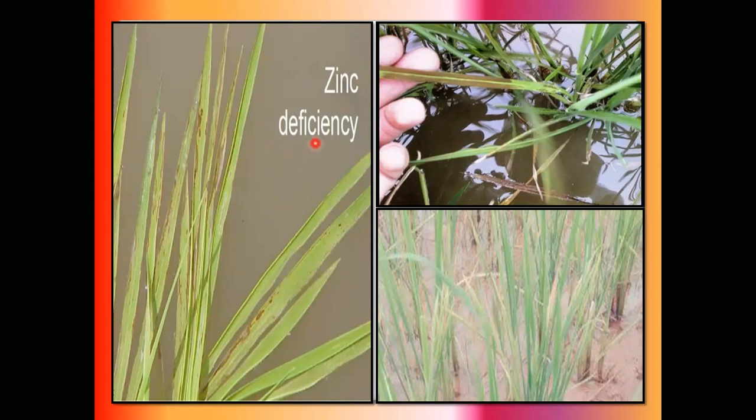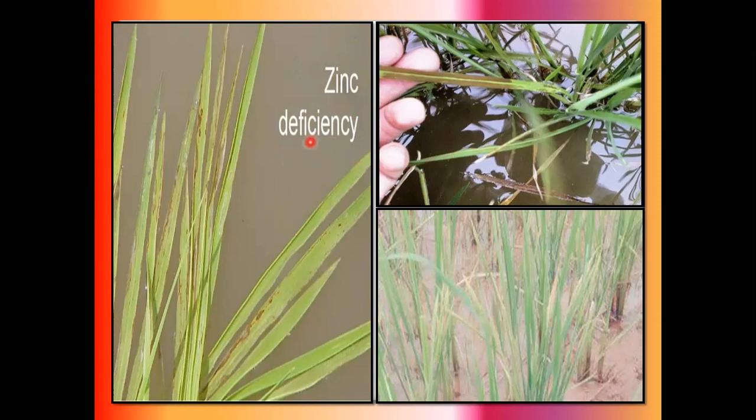Then this Khaira disease is mainly seen in calcareous soils with high organic matter content or soils with higher available phosphorus. So these are the several abiotic factors to be considered for zinc deficiency, or for this type of symptom in the rice crop.